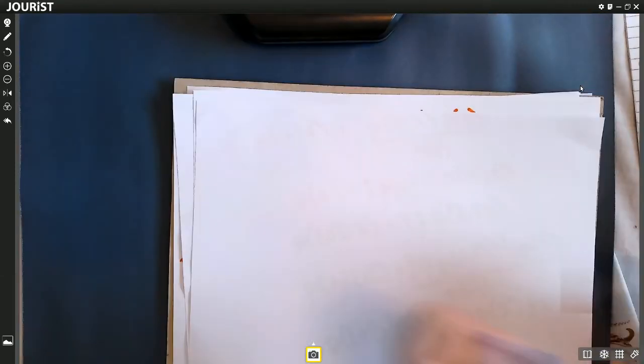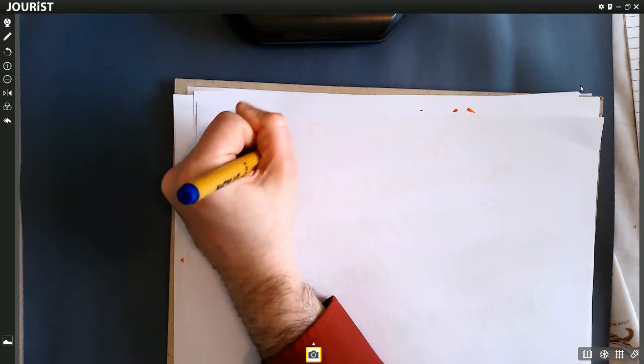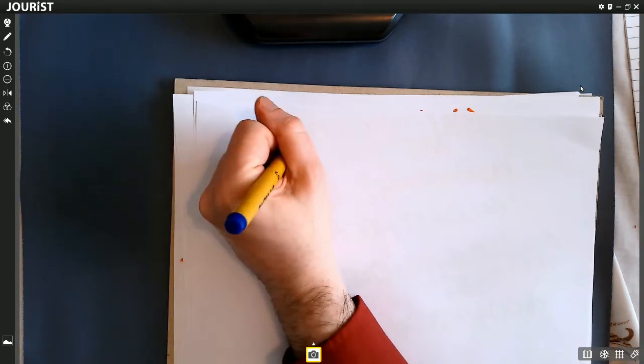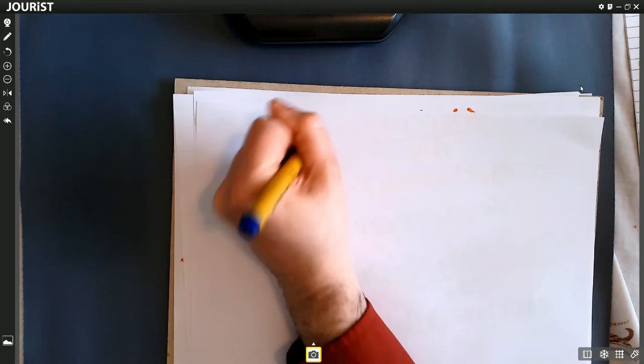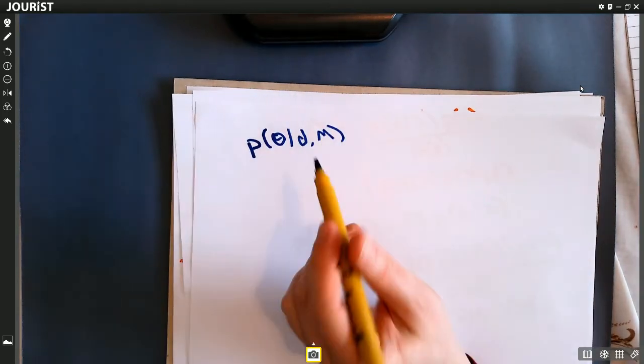Well, let me take a step back for a second and talk about what our posterior distribution is. In general, our posterior distribution, P of theta given data, and I'll just put that as our default model for now. Okay, what do we have of this?